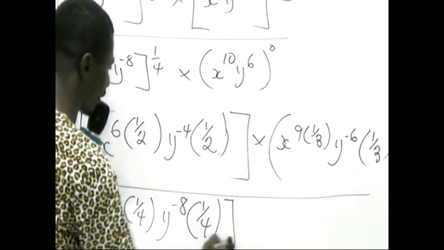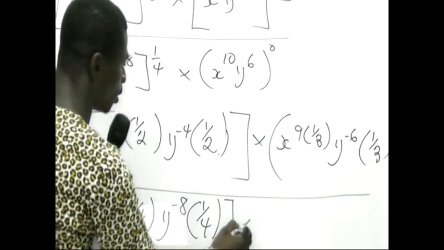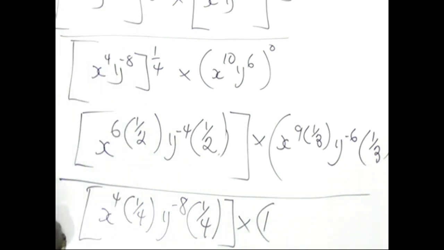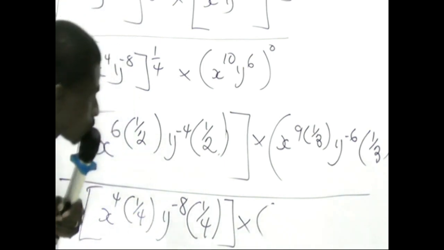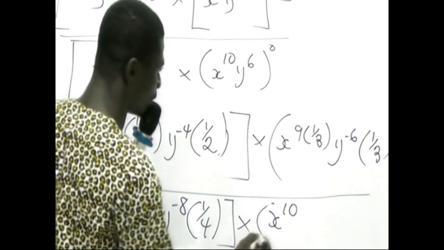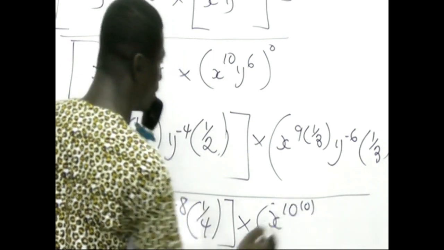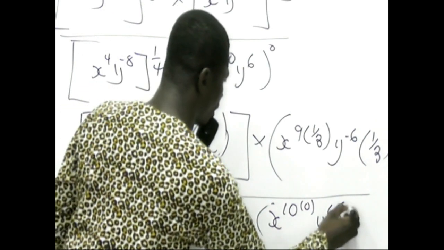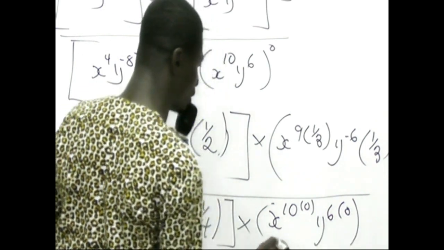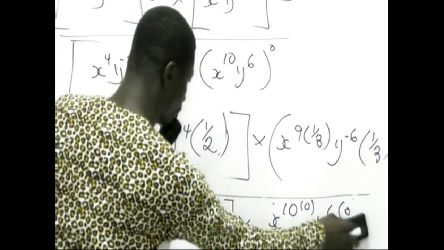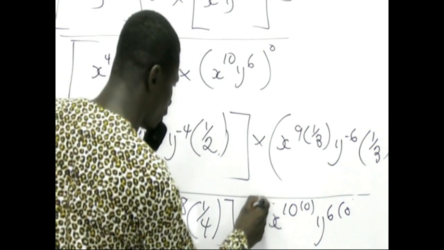Then we close the bracket, times we have our x power 10 times 0, then y power 6 also times 0. Then we also close the bracket. Let me use a bigger bracket.